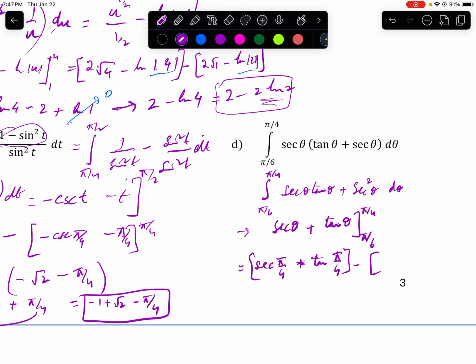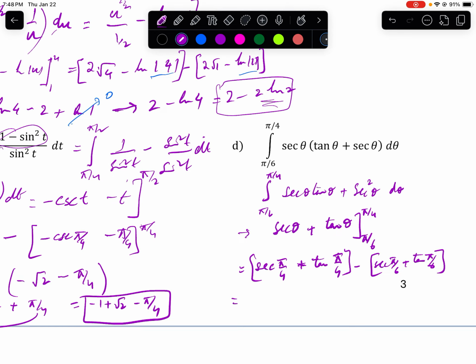Secant of pi over 6 plus tangent of pi over 6, which is equal to, now secant of pi over 4 is same thing as what we got earlier. So this will be square root of 2 plus tangent of pi over 4 is 1 minus, okay, secant of pi over 6.